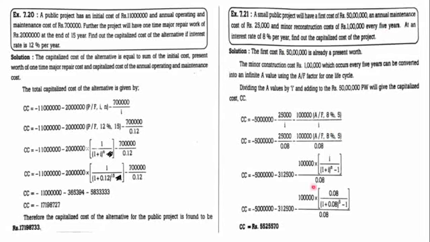Simply put the values into our formula, that is minus 50 lakh rupees minus, do the calculation, 25,000 divided by 0.08, it comes to about 3 lakh 12,500. Minus, simply put the values, that is 1 lakh rupees into [1 divided by (1 plus i) raised to n minus 1] divided by i, that is 0.08.